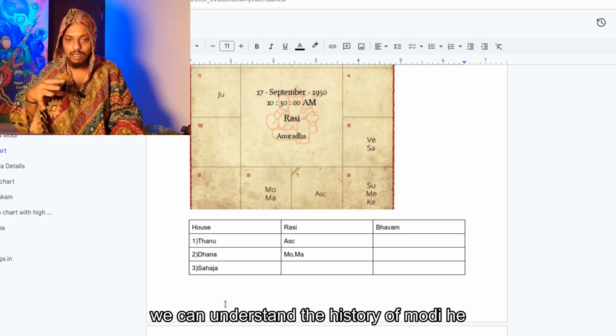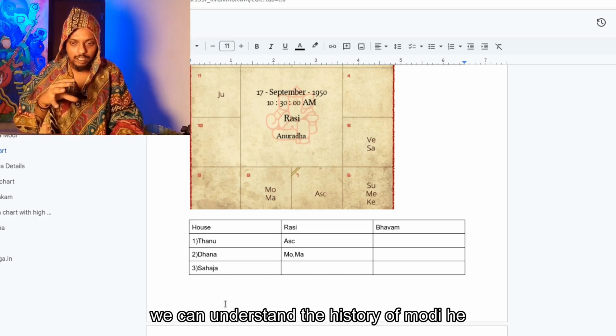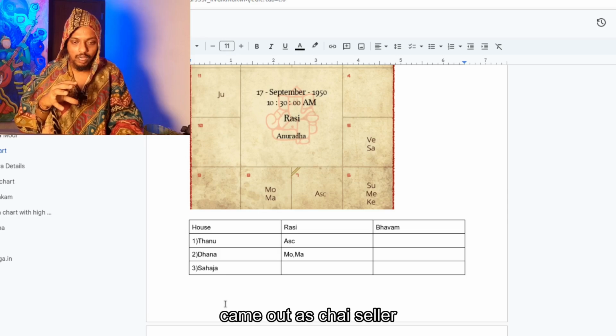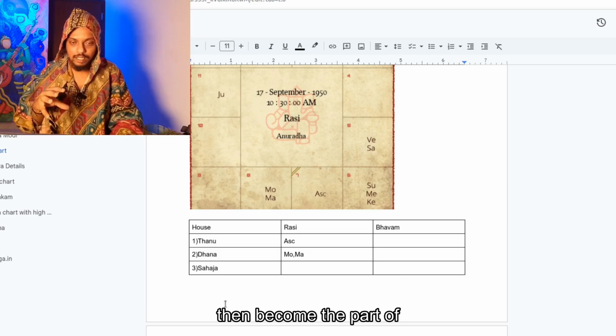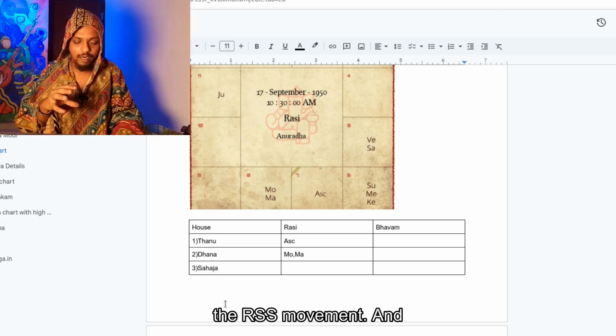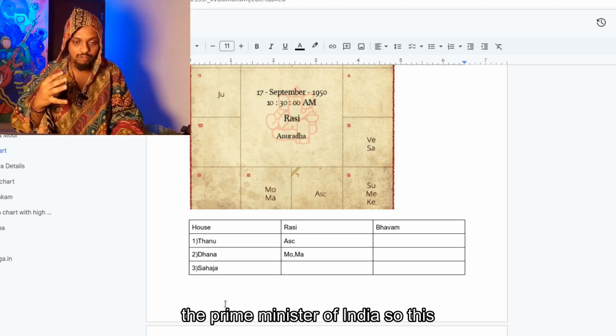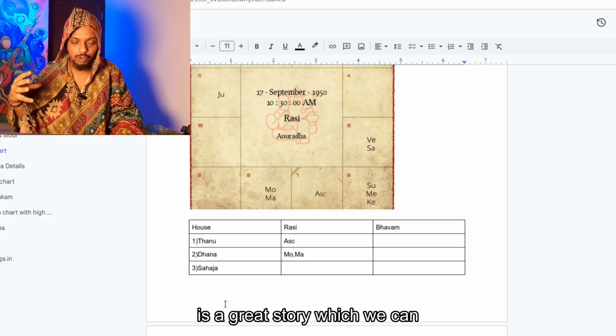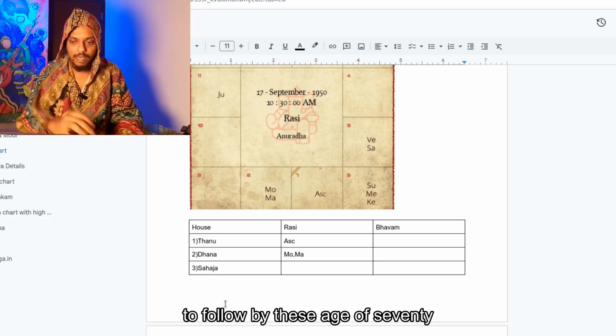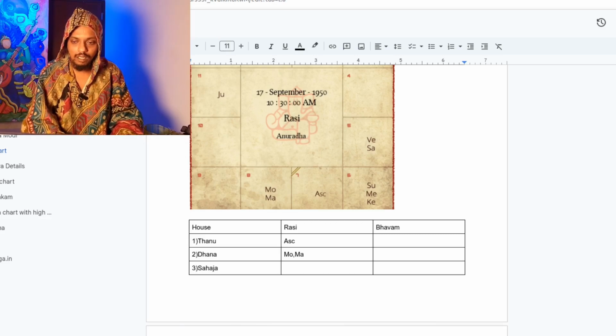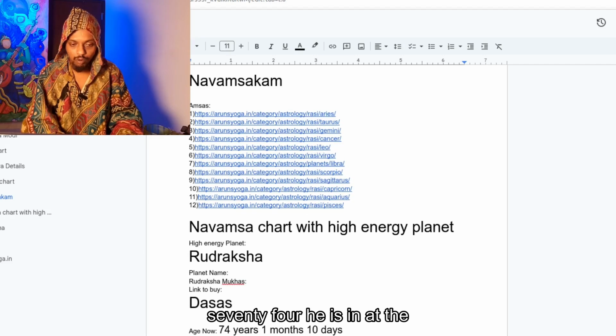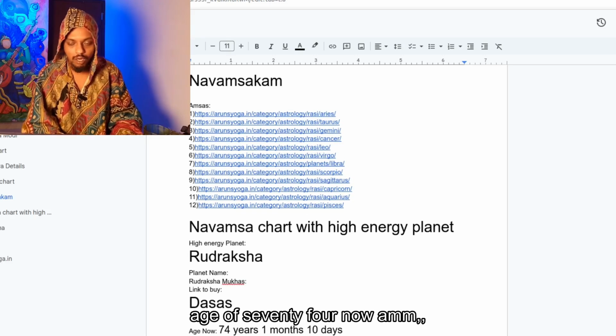We can understand the history of Modi. He came out as a chai seller, then became part of the RSS movement and became the Prime Minister of India. So this is a great story which we have to follow. He is at the age of 74 now.